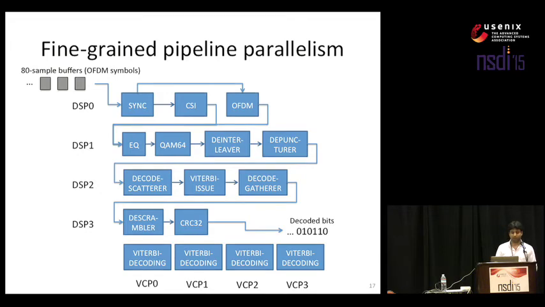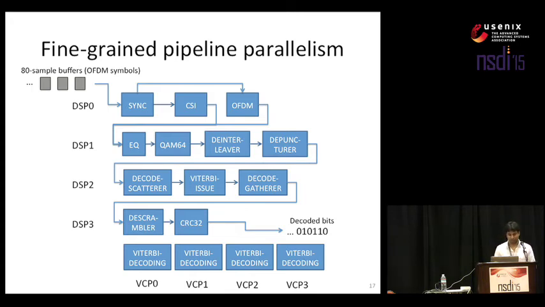So you're taking in complex samples in the units of OFDM symbols and spitting out decoded bits. And what you should note here is that we're able to exploit all the processing power on the platform. Our decoding chain is spread over all 4 DSP cores that were available on the target platform, as well as they're able to make use of all the 4 Viterbi coprocessors to accelerate the performance.